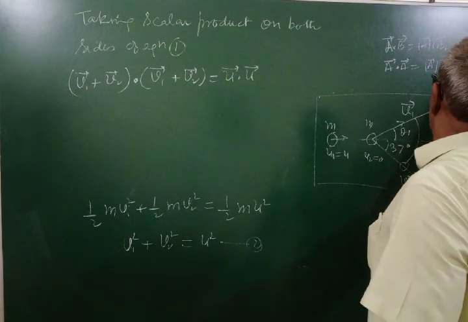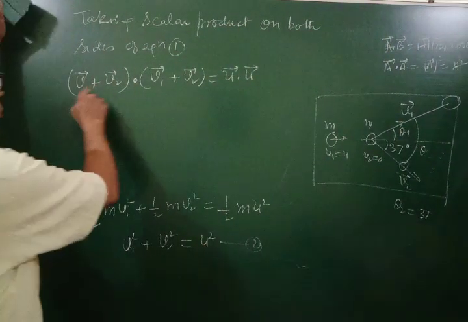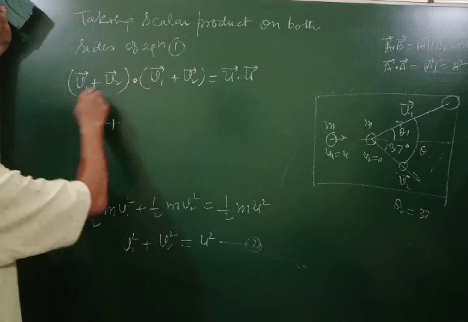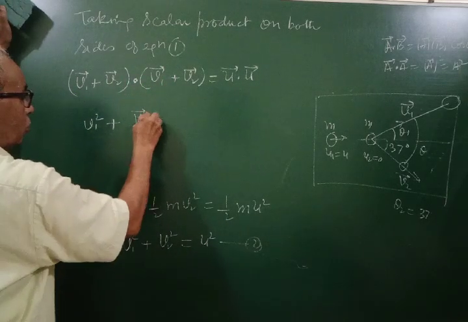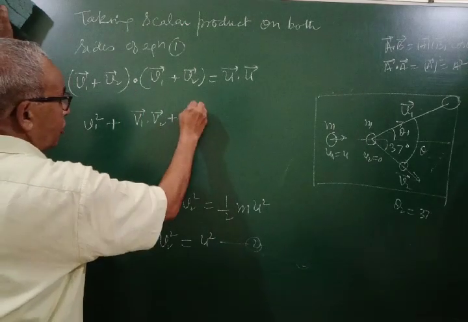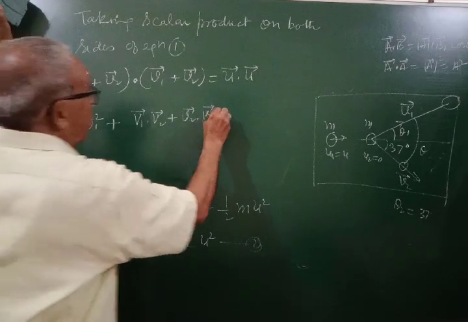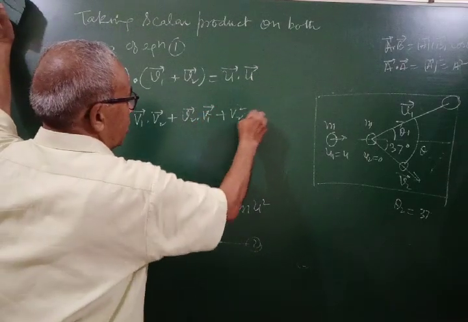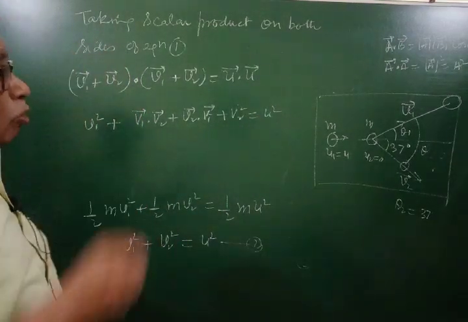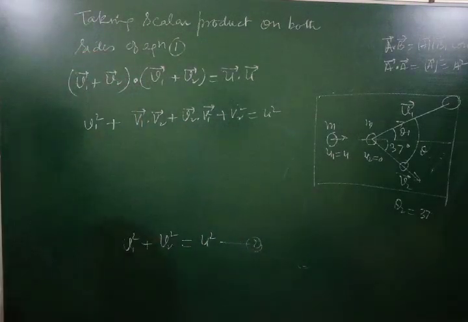We write this as A square. So we get V1 dot V1, V1 square, plus V1 dot V2 plus V2 dot V1 plus V2 square equal to U square. A dot B equals B dot A, right?